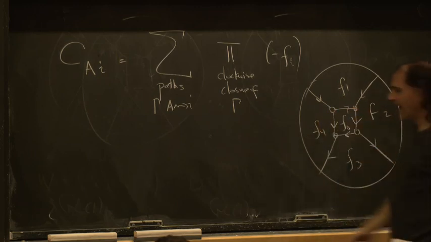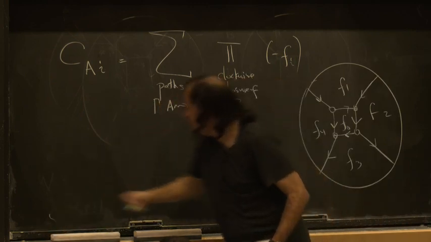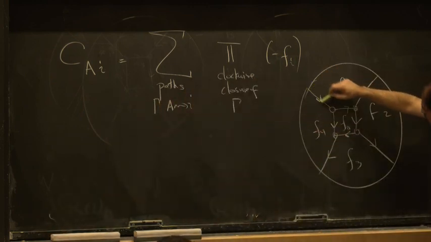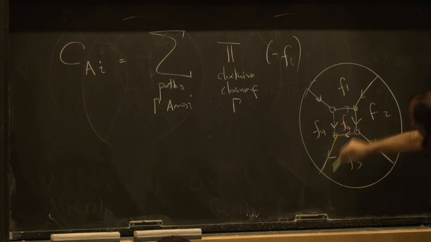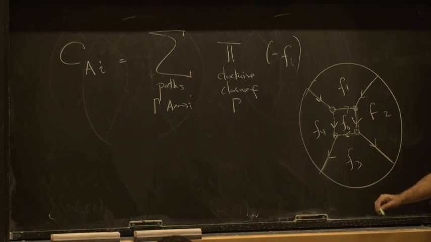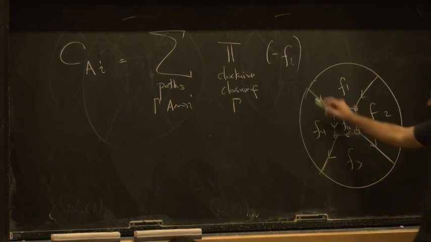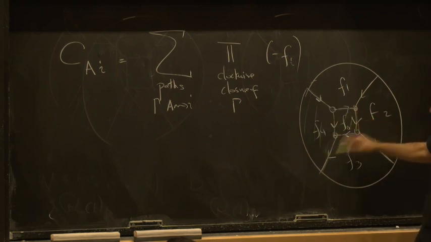Beforehand, I was saying that I would get a contribution from this path, say, for C13, which was the product of all the edge variables. Now, instead of the product of all the edge variables, I'm going to have the product of all the face variables to this side of the path. That's the invariant way of saying the answer for the boundary measurement in terms of the face variables.